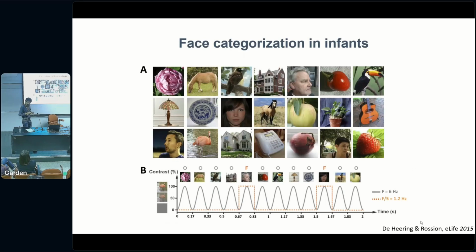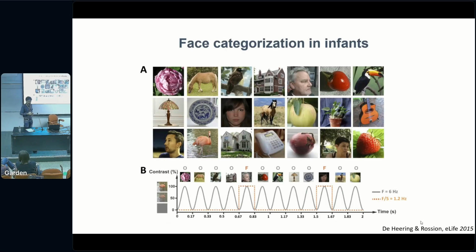The trick with frequency tagging is that they presented a stream of strictly periodic images of any different objects, but every 5th image was a face. Here's the face, here's the face, and here's the face. The nice thing is that you dissociate the generic visual response of the system, associated with the frequency of single image presentation, 6 hertz, from the frequency of faces, which is 1.2 hertz.